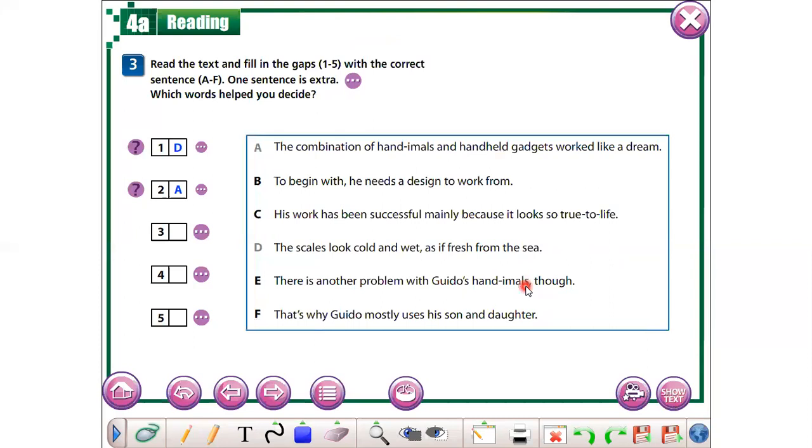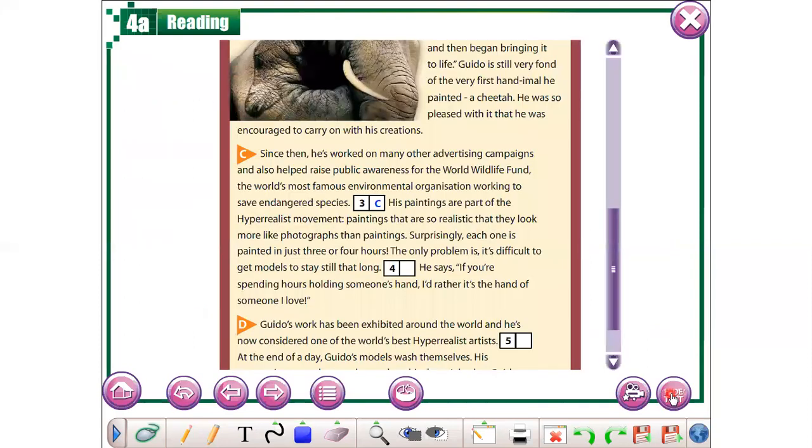Number 4. It says, the only problem is it's difficult to get models to stay still that long. He says, if you're spending hours holding someone's hand, I'd rather it's the hand of someone I love.